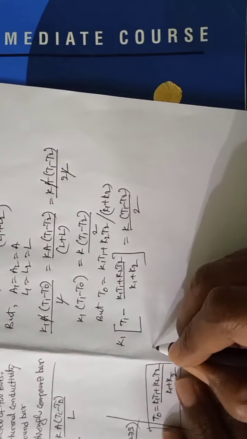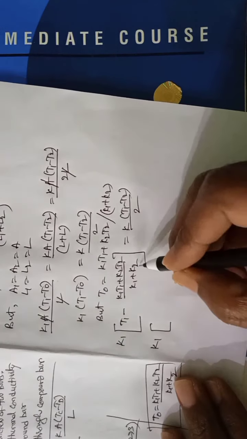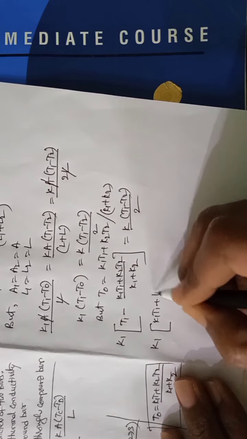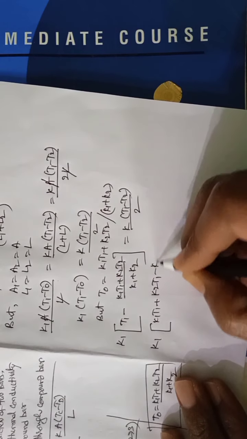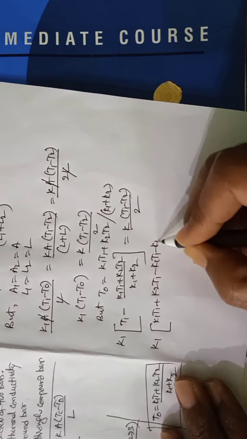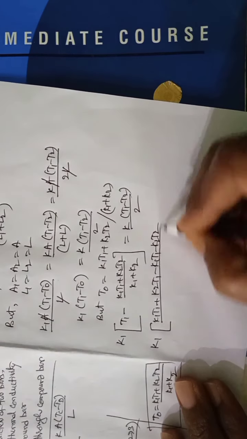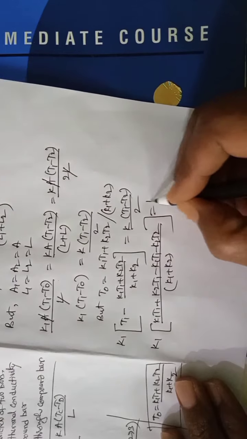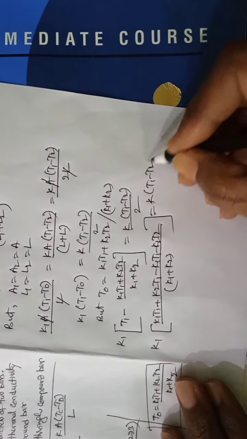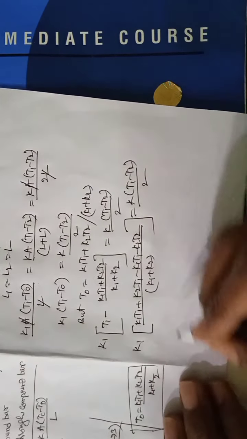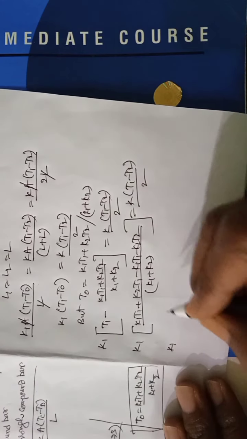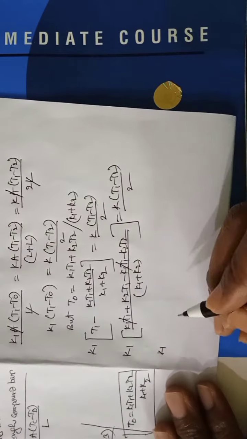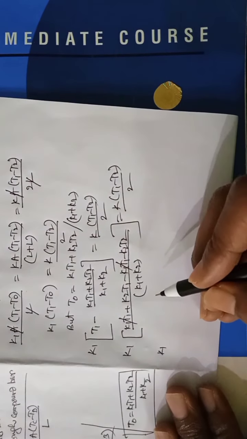Here, K1 multiplied by this: (K1 T1 plus K2 T1 minus K1 T1 minus K2 T2) by (K1 plus K2), that is equal to. Now K1 T1 minus K1 T1 gets cancelled, and in this K2 can be taken common.